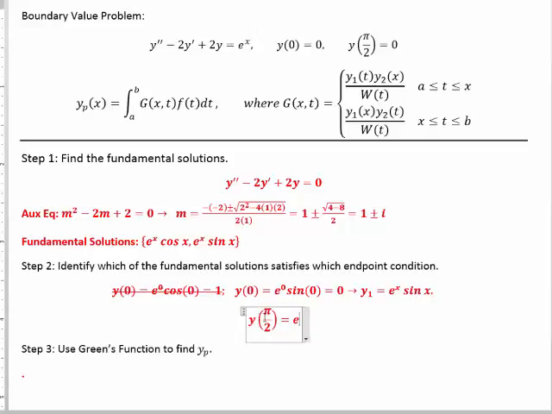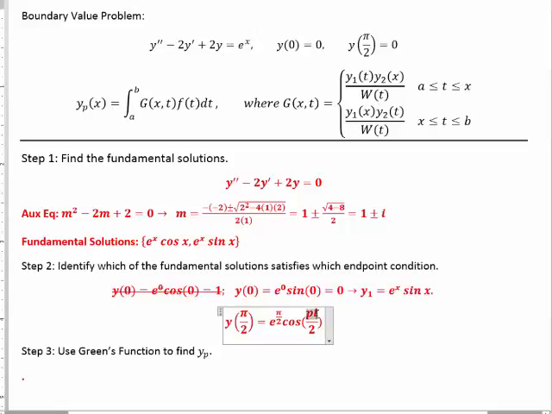And that's e raised to the pi over 2 times cosine of pi over 2.